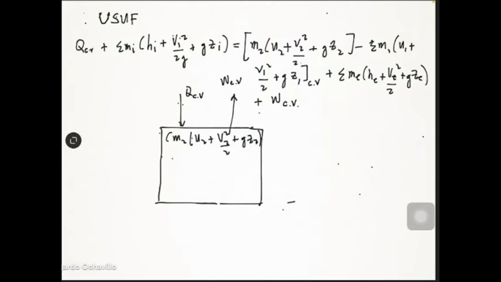Okay, now in order for you to relate this, for example, again, this is your control volume. You have the quantity that is entering and leaving, given the mass at the inlet and the mass at the exit.